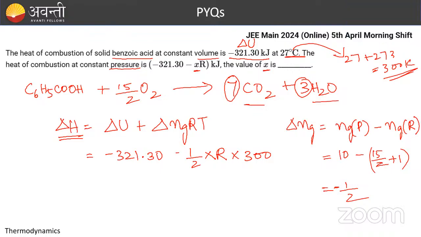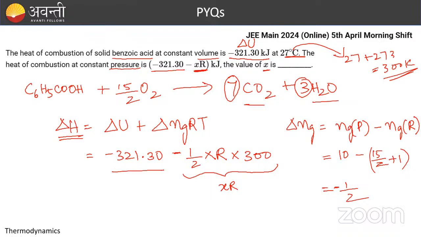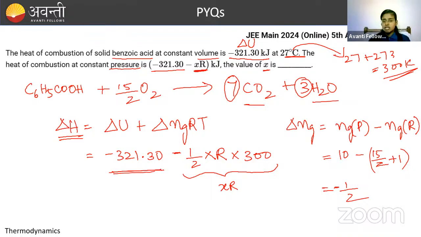So this entire thing is XR. If you look here, this entire thing is XR and we have minus 321.30 here. So leave this R and if I cancel out this, I will get 150.